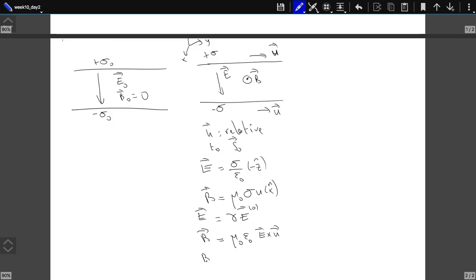And if you like, you can also write this as minus 1 over c squared, minus u cross E.